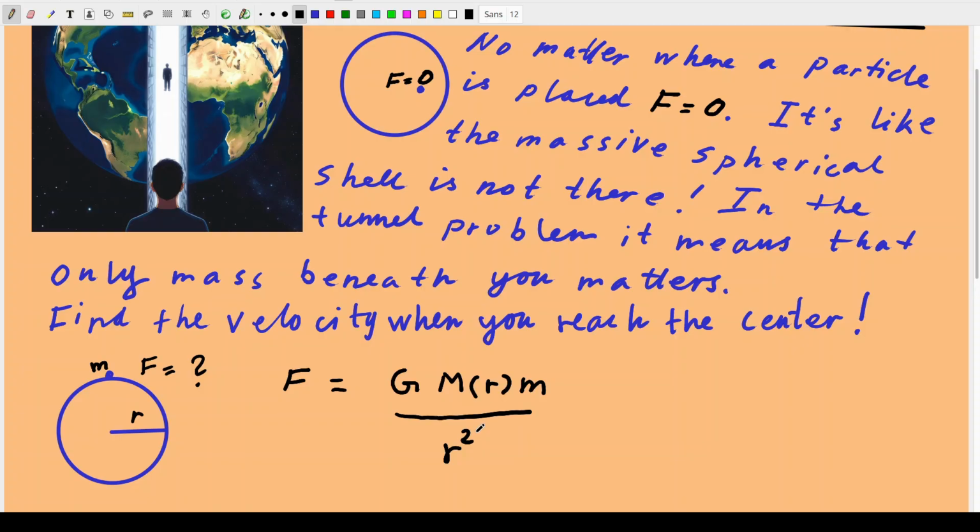So that is the force. And this we usually write like this, m and the g field, and it depends on r.